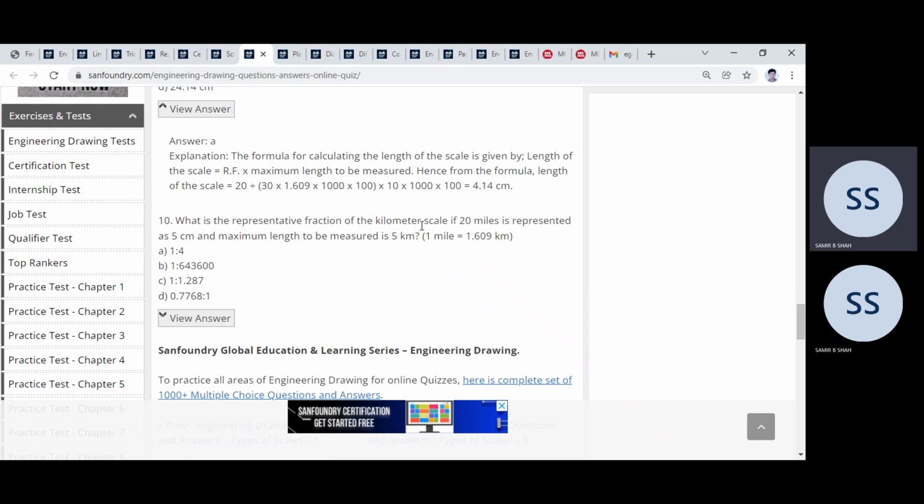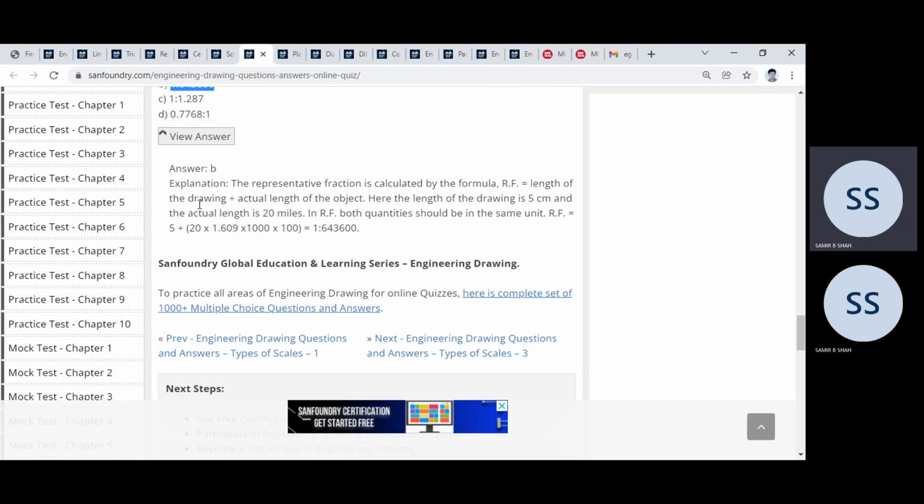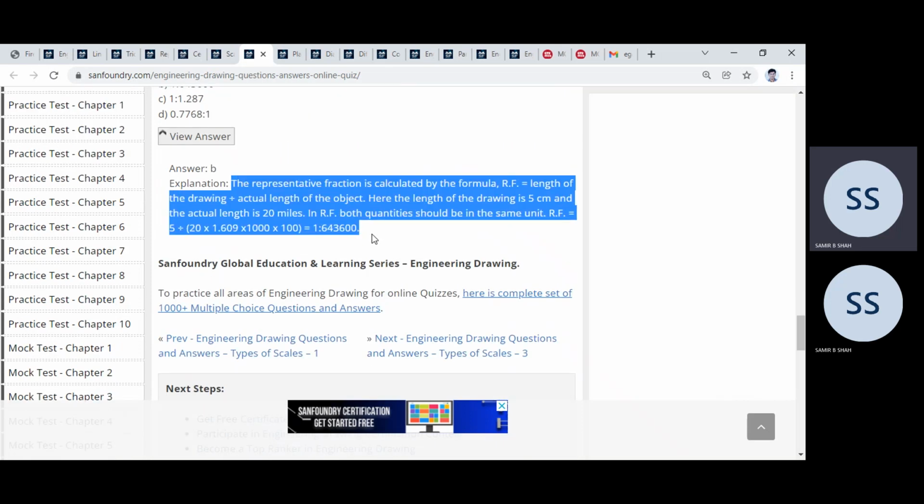What is the RF of the kilometer scale if 20 mile is represented as 5 centimeter and the maximum length to be measured is 5 kilometer? Okay, same way here there is some calculation and one basic equation. You keep a non-programmable calculator with you, and it's very easy.